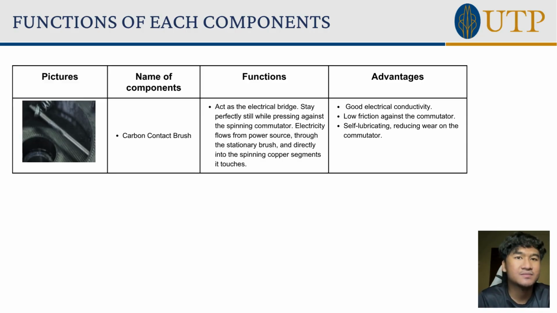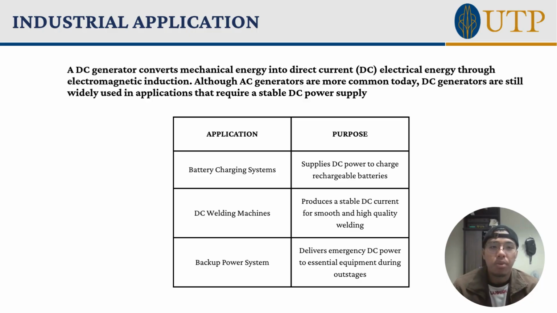Thank you. Okay, now I will present the industrial applications of DC generators. A DC generator converts mechanical energy into direct current electrical energy through electromagnetic induction. Although AC generators are more widely used today, DC generators are still important in applications that require a stable DC power supply.